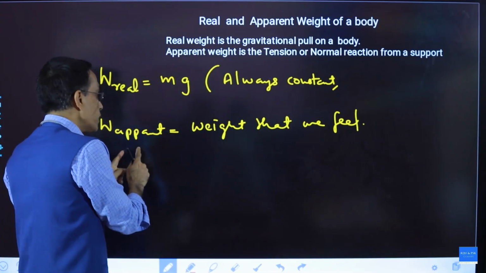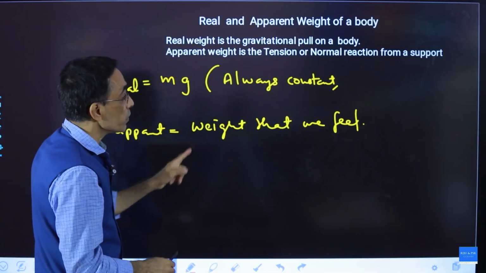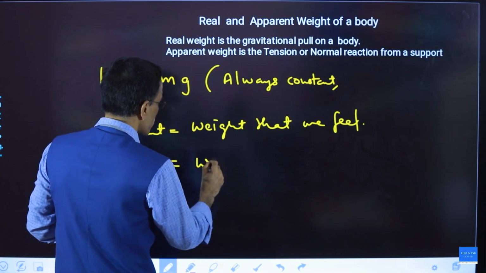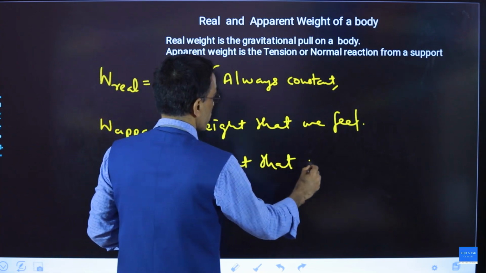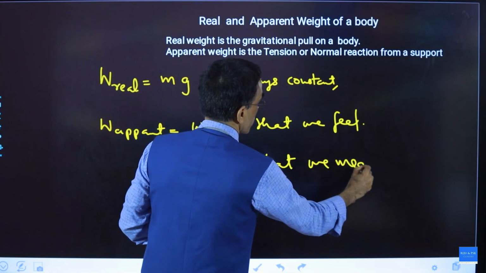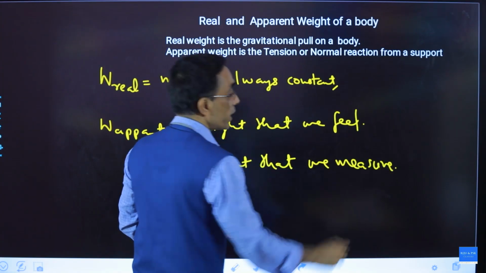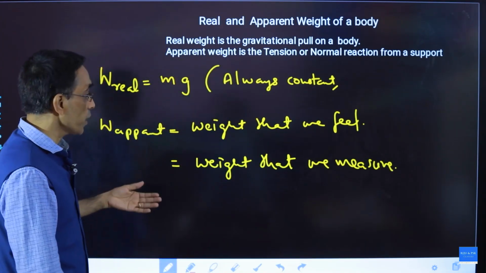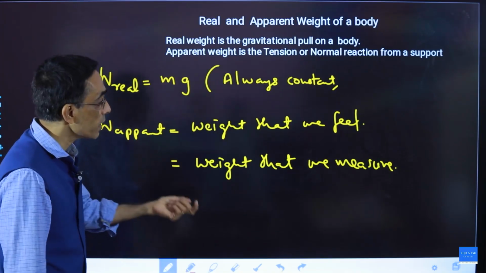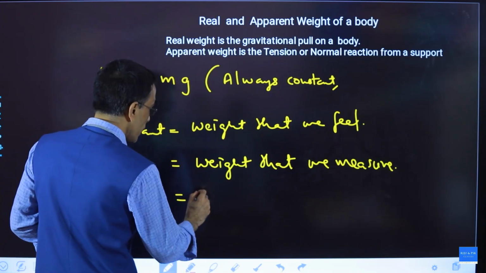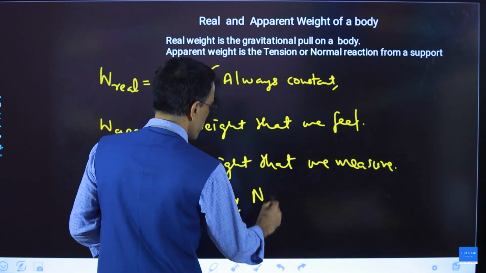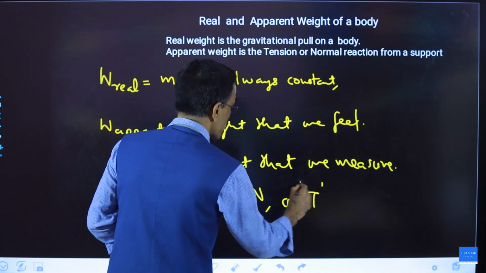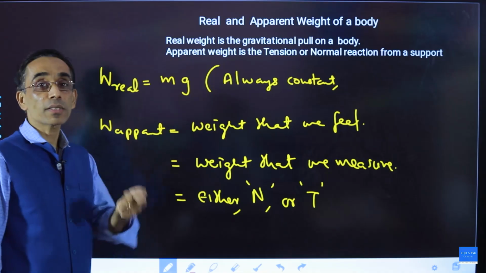So, apparent weight is the weight that we feel or the weight that we measure, and this is either normal reaction or it is tension.